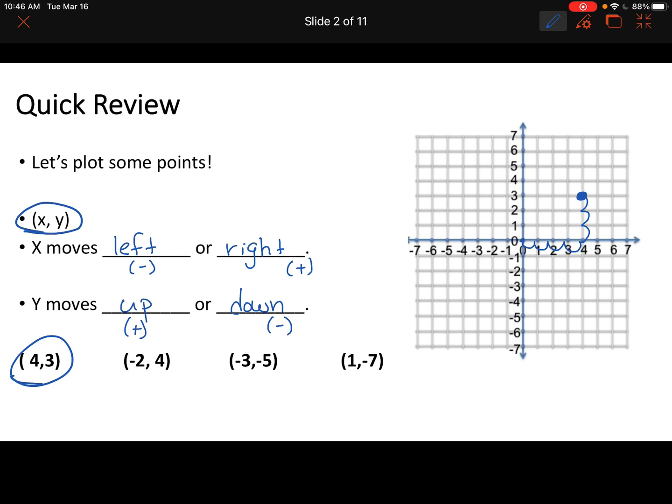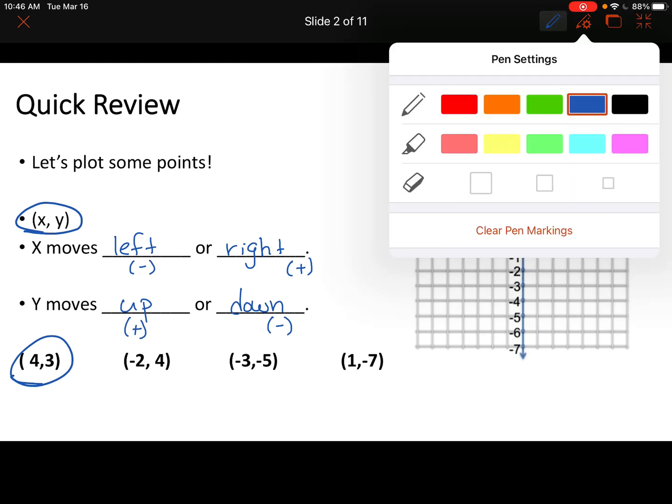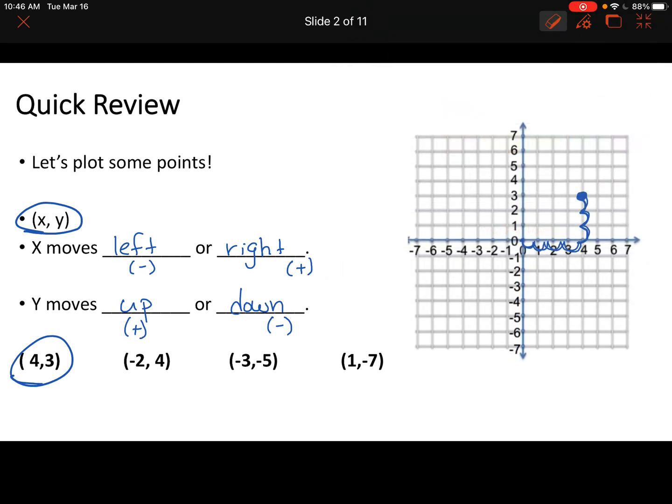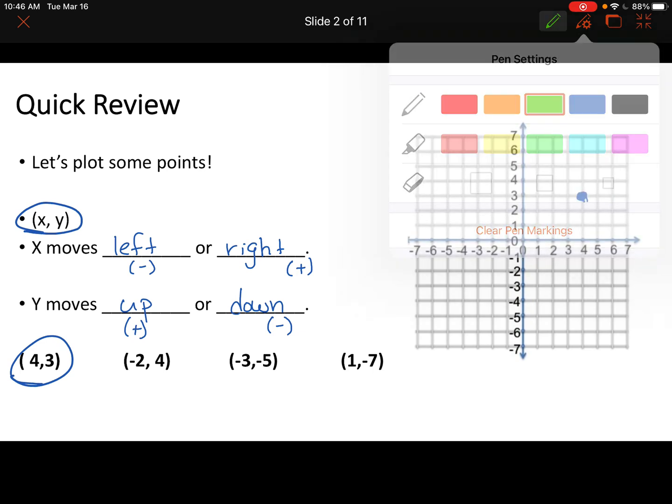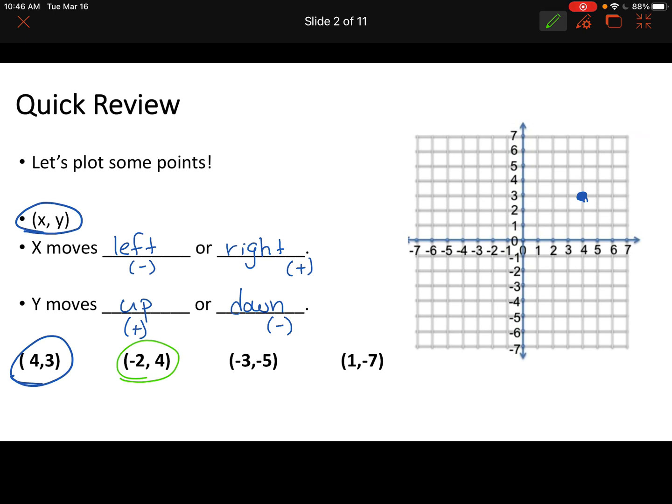These little bubble marks, try not to write on your paper because it'll cause a mess. I was just showing you, since you can't see, which direction I was moving. Next one, -2, 4, starting at 0, 0, going left to -2 first, and then going up 4, 1, 2, 3, 4, plotting my point at -2, 4.